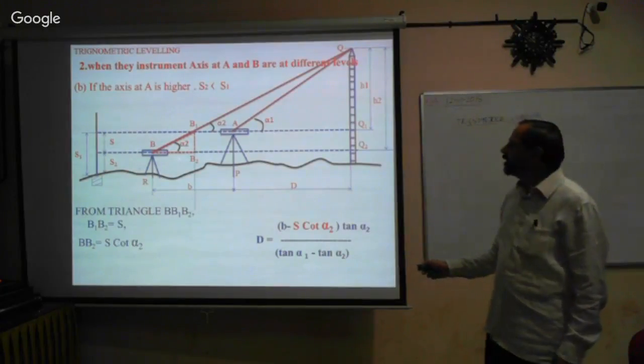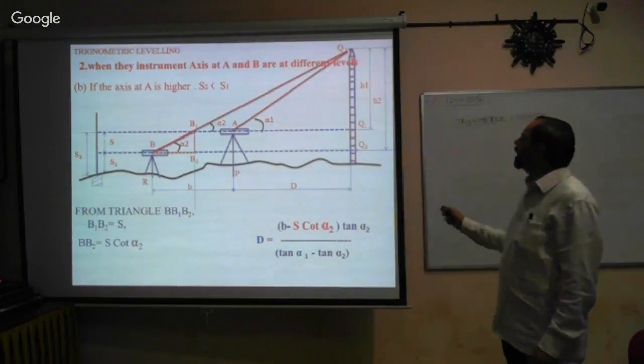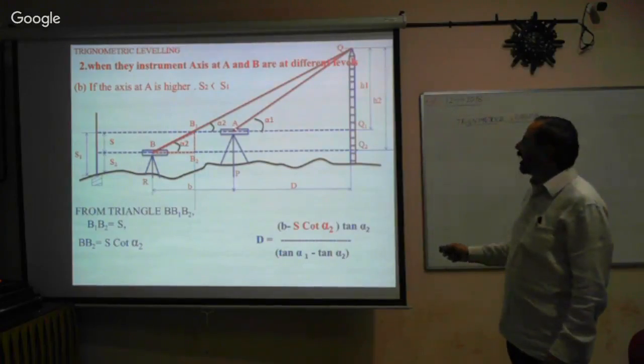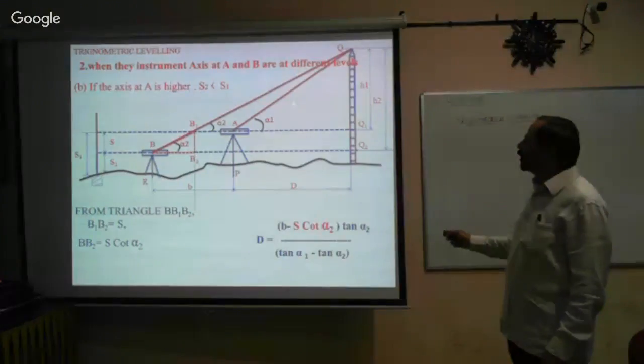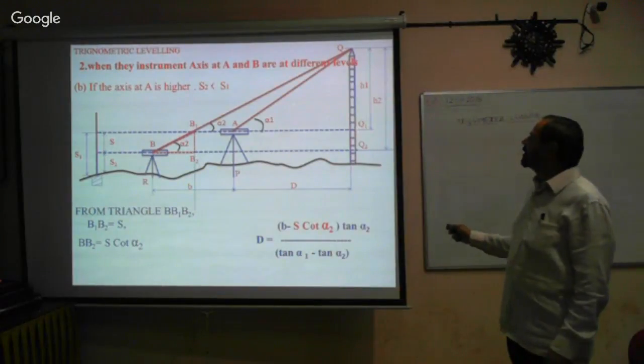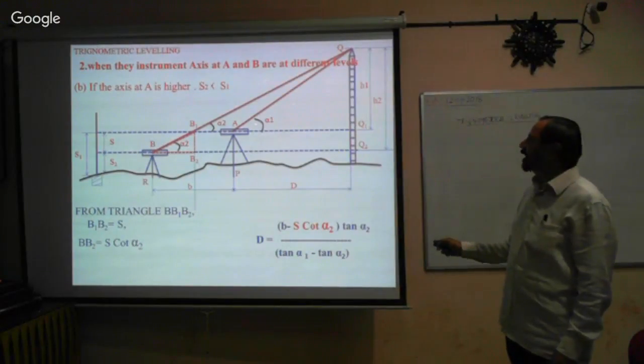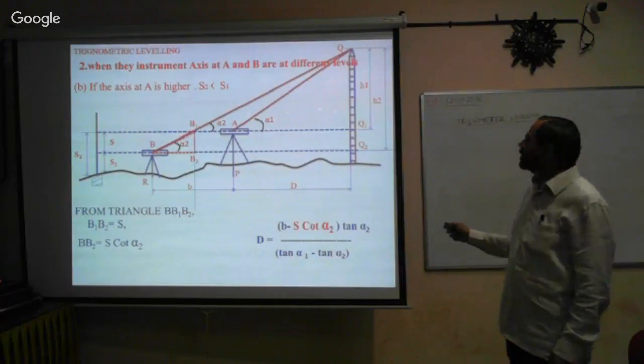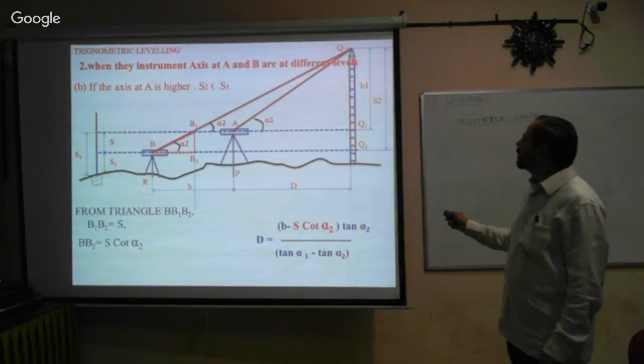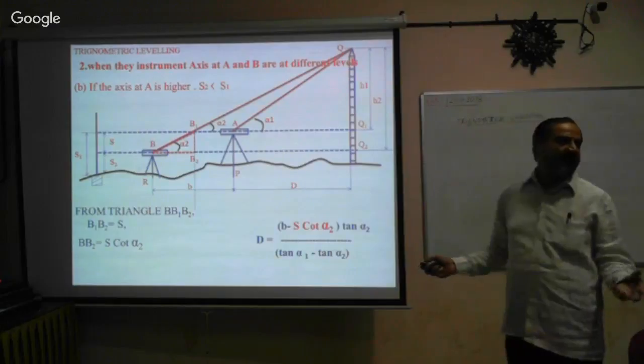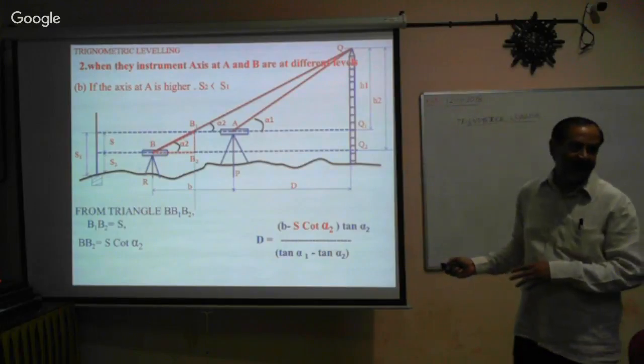Now consider the first triangle Q, A and Q1 with alpha 1. H1 is equal to d tan alpha 1. It is a simple trigonometrical function.